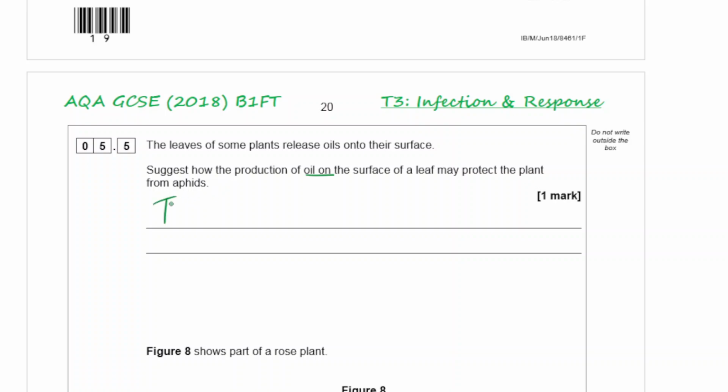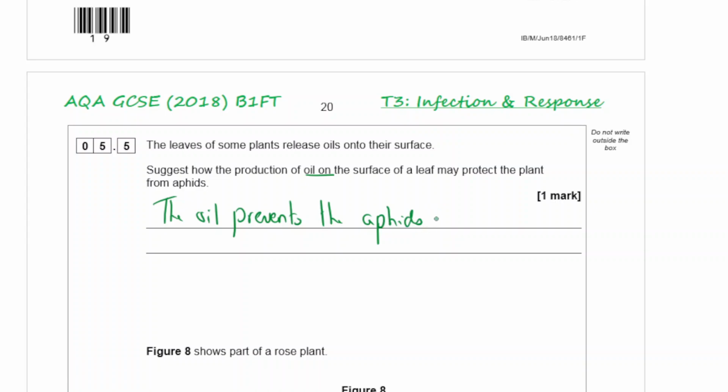The oil prevents the aphids. Right here, the oil on the surface is there to stop the aphids from attaching themselves to the leaf. Or you could say it is also a toxin as well.